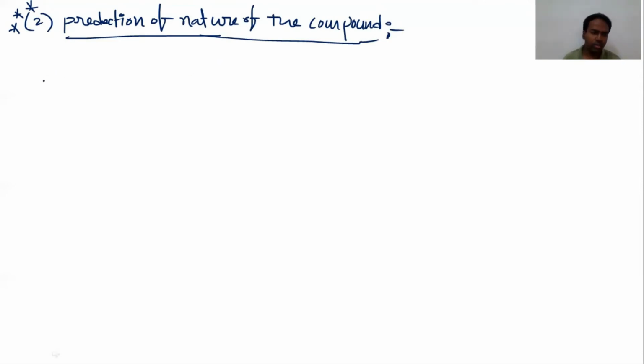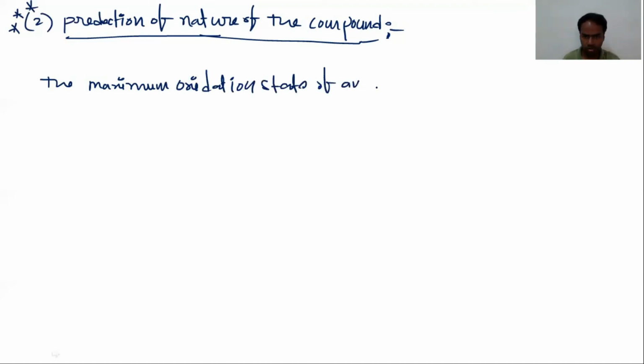You see here, the maximum oxidation state of an atom is equal to its group number or number of valency electrons.